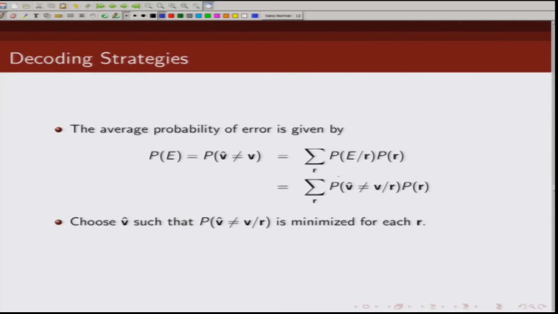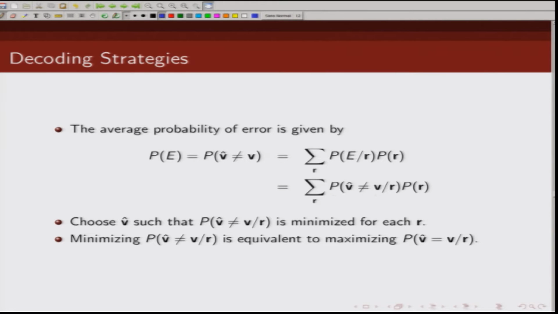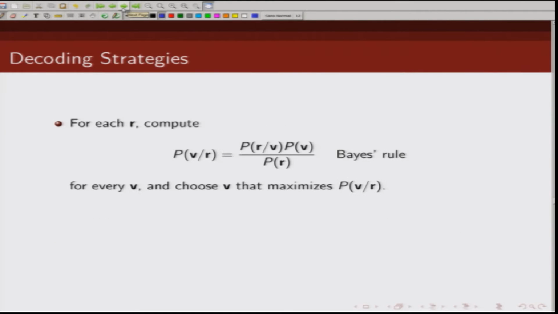Now, whatever v hat I choose does not change P of R. So, the choice of decoding rule does not change my P of R. In other words, if I have to minimize the probability of error, I should choose my v hat in such a way that this term is minimized for each receive sequence R. Now, minimizing the probability that v hat is not the same as v given R is equivalent to maximizing the probability that v hat is equal to v given R. Okay. So, we have to maximize this.